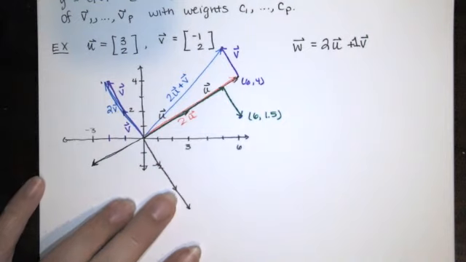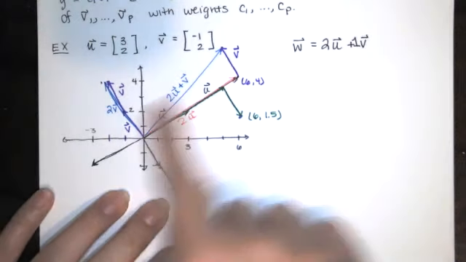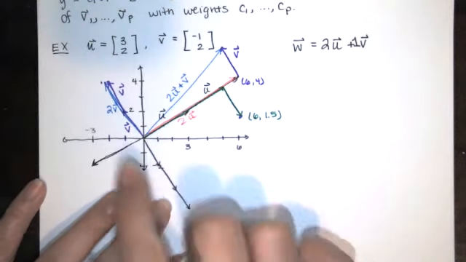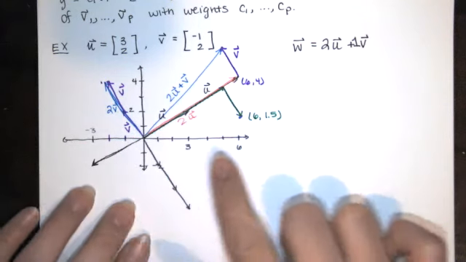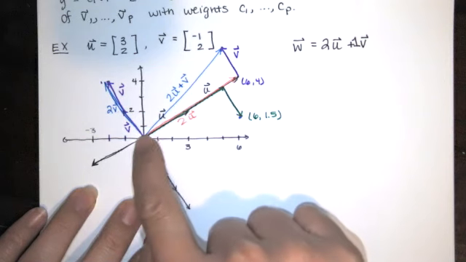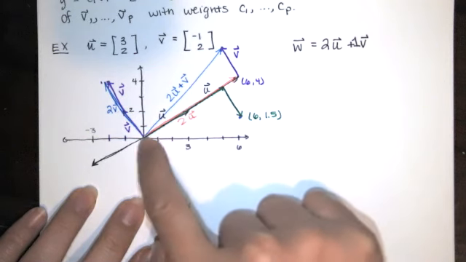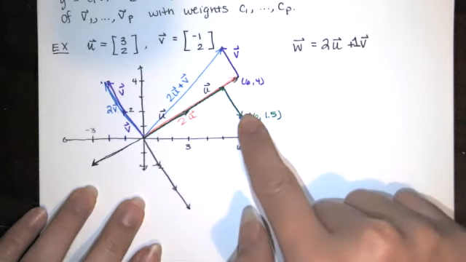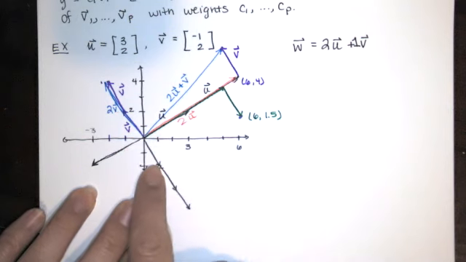and that would get me to this location, 6 and 1.5. So every point in the plane can now be thought of in terms of these vectors u and v, because I can say, well, if I'm trying to get here, how many units in the u direction would I have to go to get to that location? And then how many units in the v direction would I have to go?